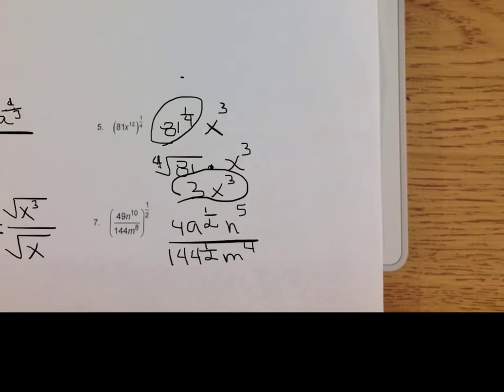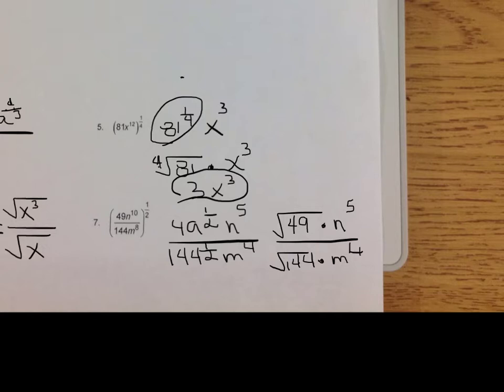Now, we can simplify this even further. 49 raised to a power of 1/2 would give you the square root of 49 times n to a power of 5 over the square root of 144 times m to a power of 4.